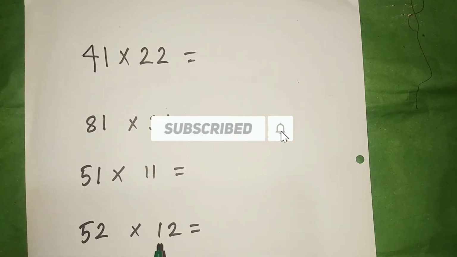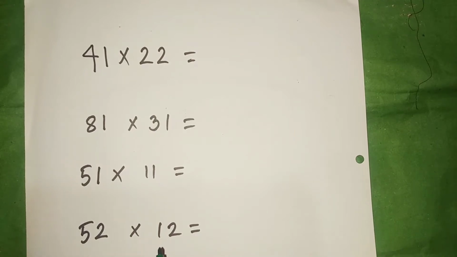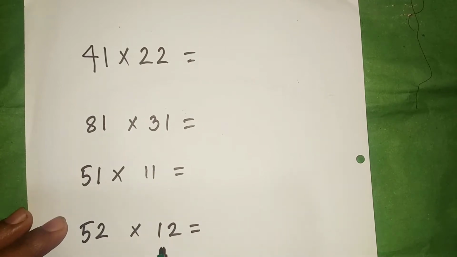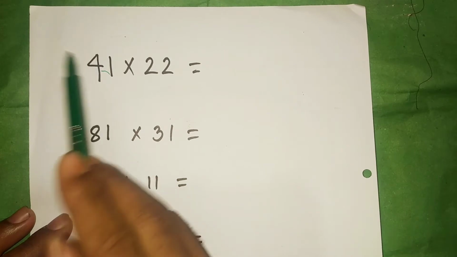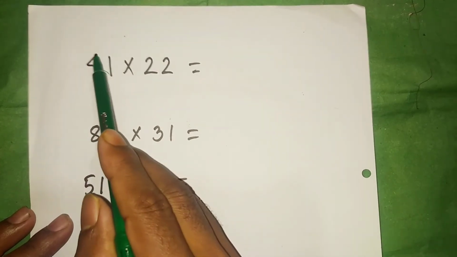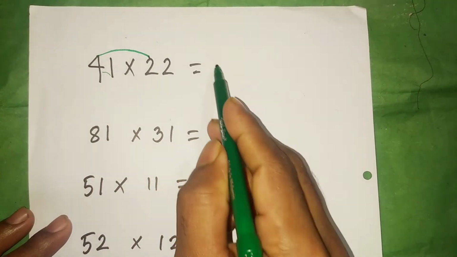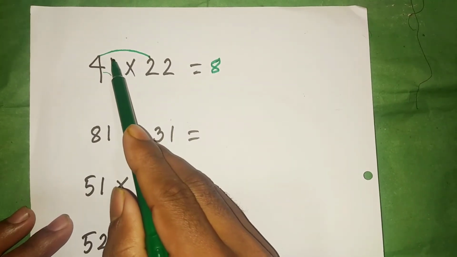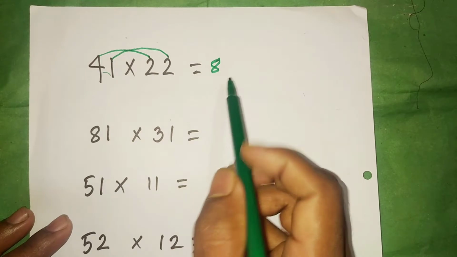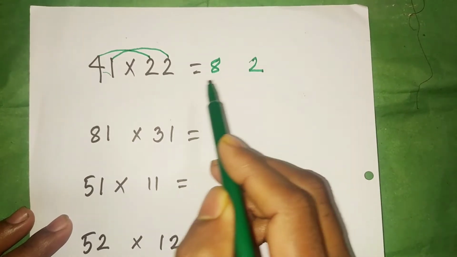Today we learn the two-digit multiplication, the first-multiply method. So let's go. First of all, an example: first two digits multiply, 4 2 multiply 8, and last two digits multiply, 1 2 multiply 2.